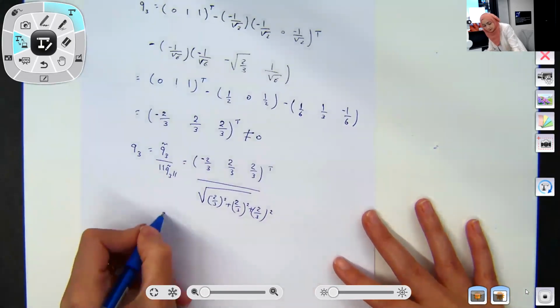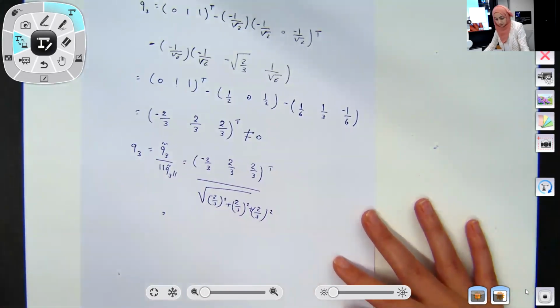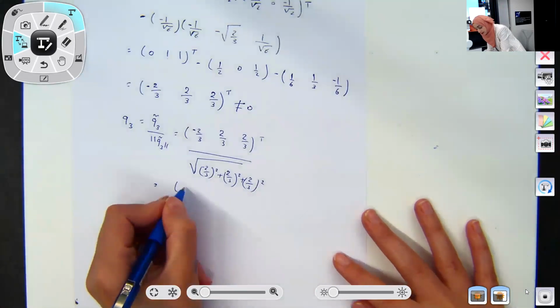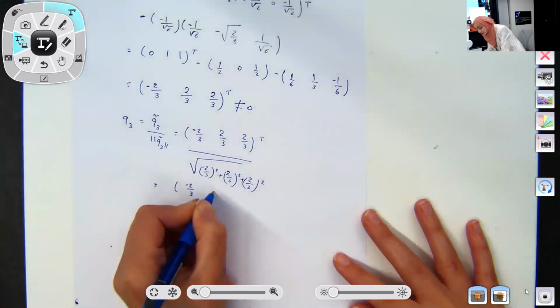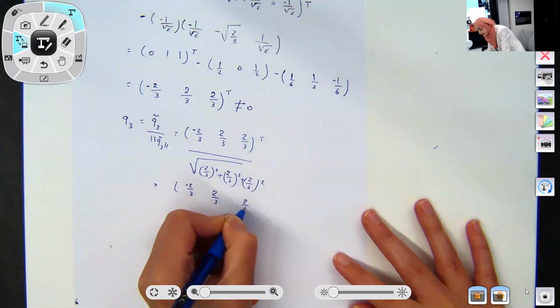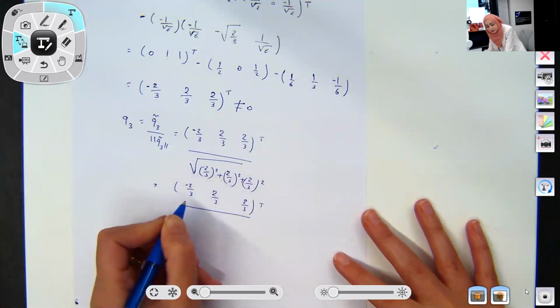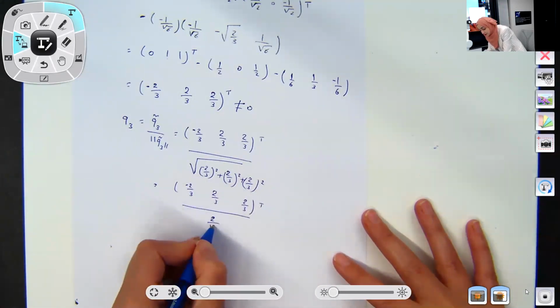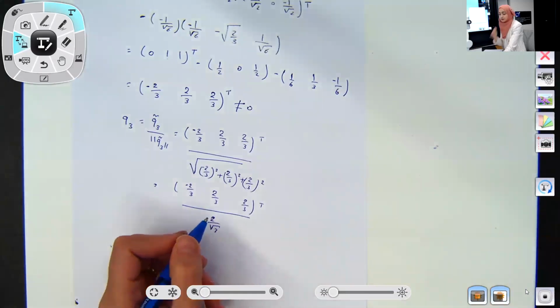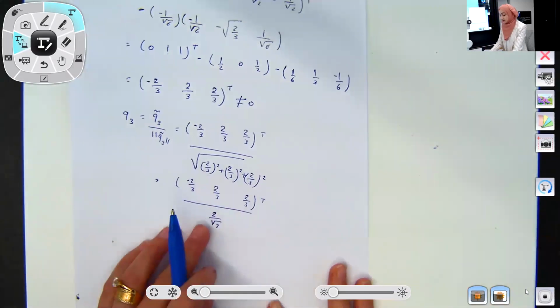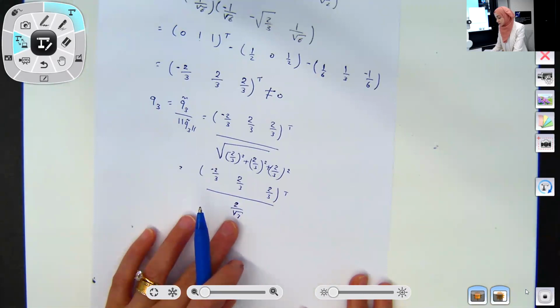So this is equal to (minus 2 over 3, 2 over 3, 2 over 3) transpose divided by 2 over square root of 3. We just need to simplify.